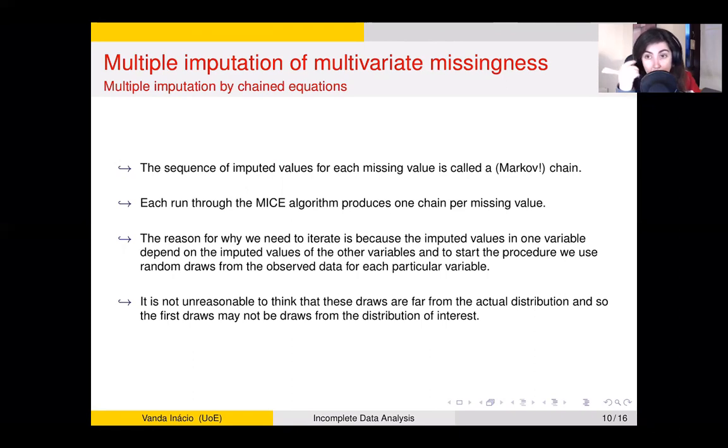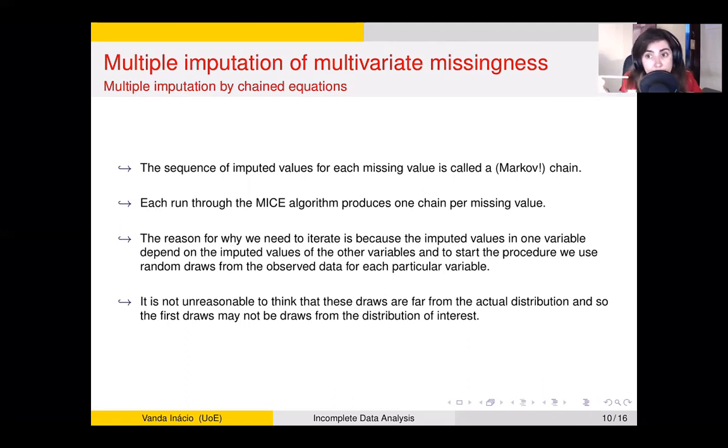Okay, and why do we need to iterate? Well, because we have seen that to start the procedure, we use some initial guesses, or mean imputation, or random draws, and these initial guesses that we are using to impute the values might not come from our distribution of interest, but they can be far away.